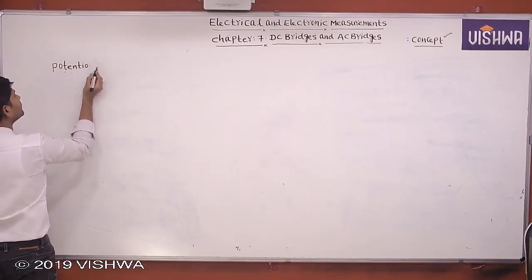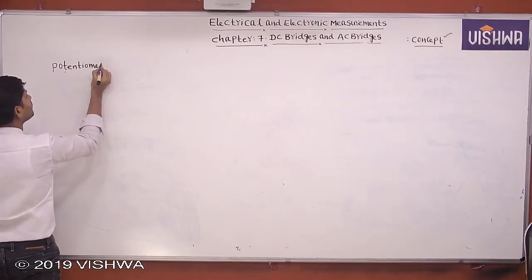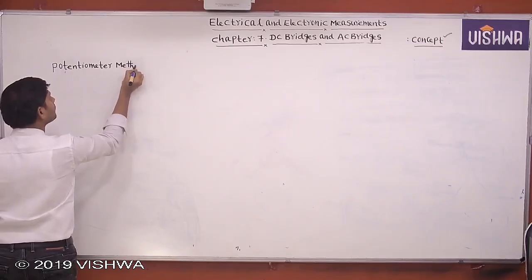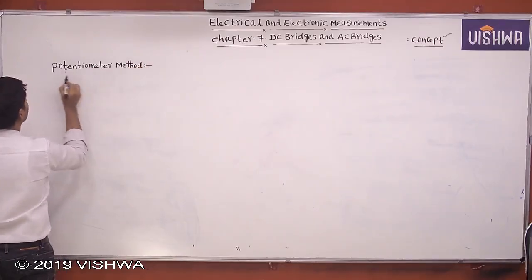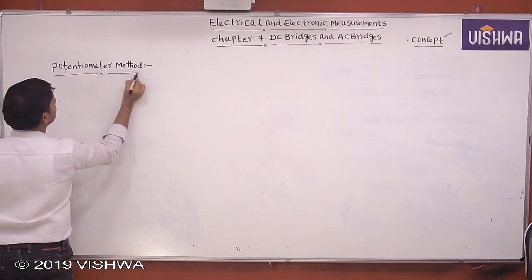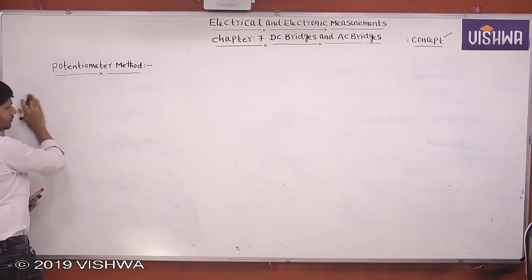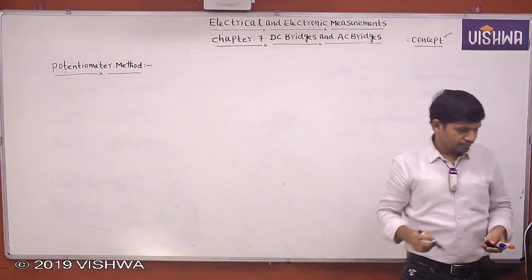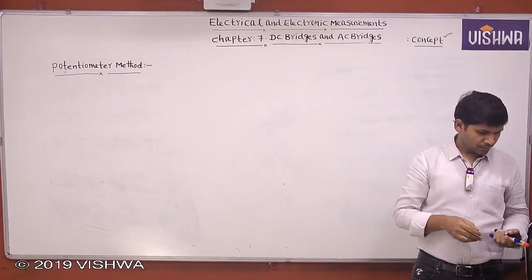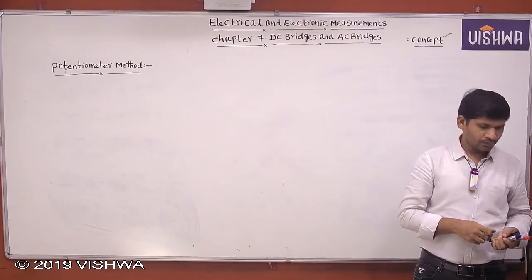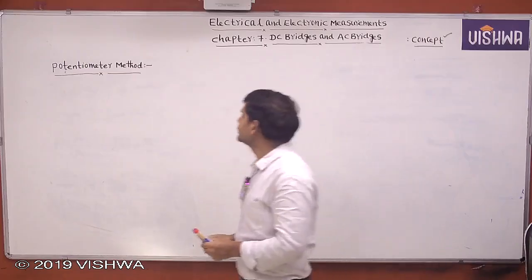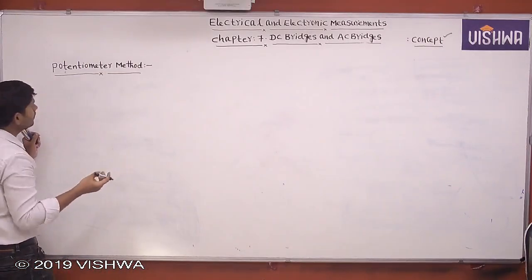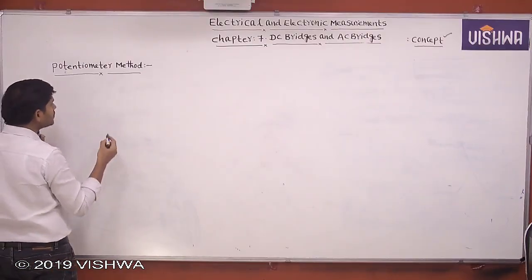Potentiometer method. For this small circuit, you see how to measure the unknown resistance using a potentiometer.